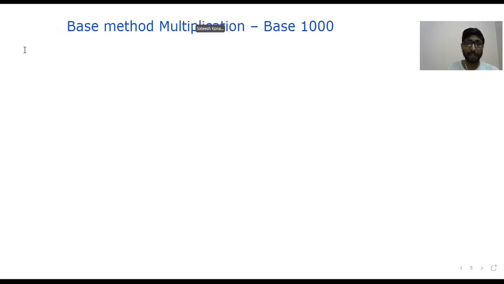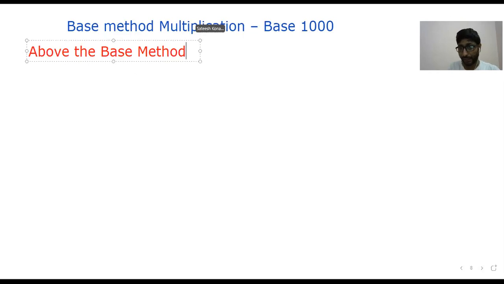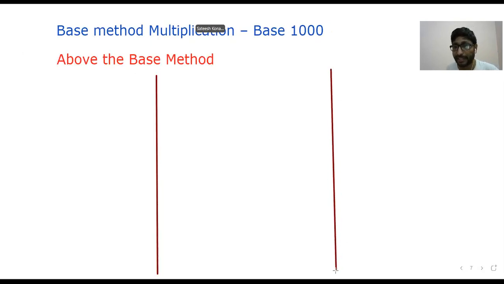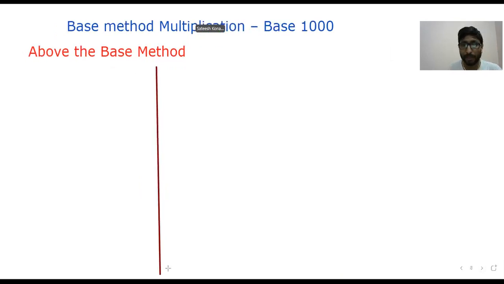So you will have the two things. Okay, so in the above-the-base method, I hope you understand how to write the problems. First I will write the problems, then I'll simplify the problems.